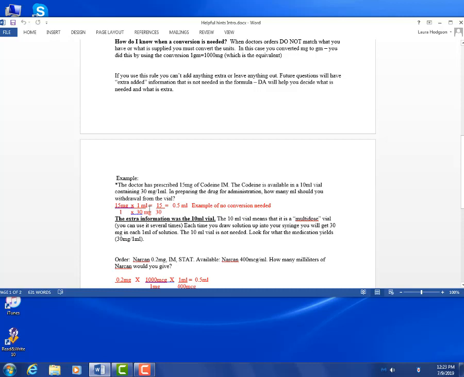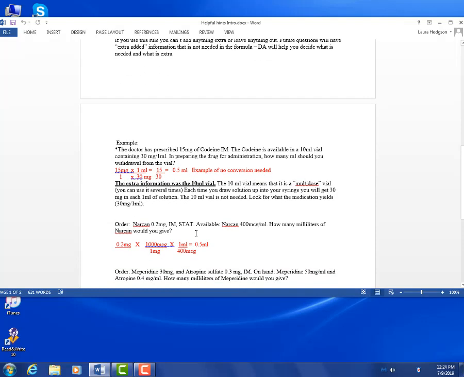It doesn't fit in anywhere. So if you set up this question, 10 milliliters does not fit anywhere in here. So that's extra added information. It's basically a multi-dose vial that you'll use again and again. So that is extra added information.